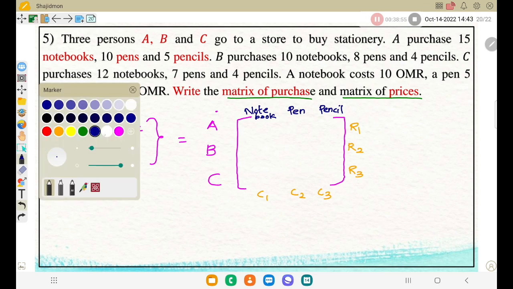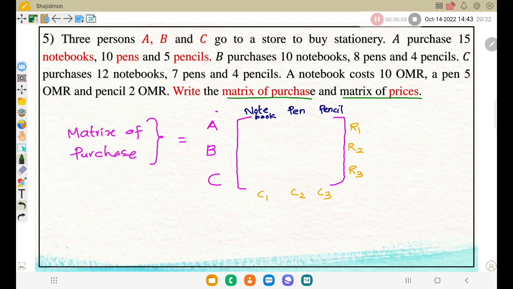First person: how many notebooks were purchased? 15 notebooks. How many pens? 10 pens. How many pencils? 5 pencils. Second person: how many notebooks? 10, 8 pens and 4 pencils. Third person: 12 notebooks, 7 pens and 4 pencils.